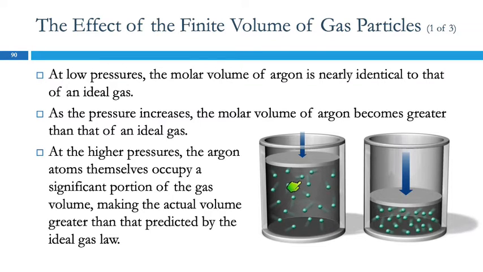So here is low pressure, the molar volume almost identical to an ideal gas. When we decrease the volume, increasing the pressure, now the argon atoms, their volume as a percentage of the entire volume is greater, right? And the size of them starts to become important.